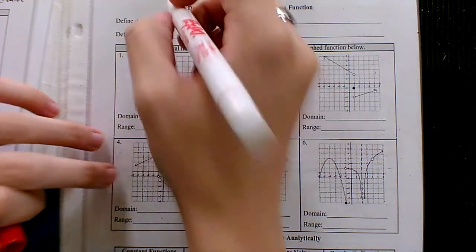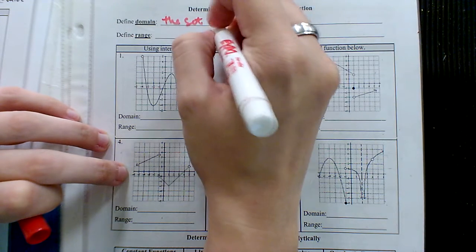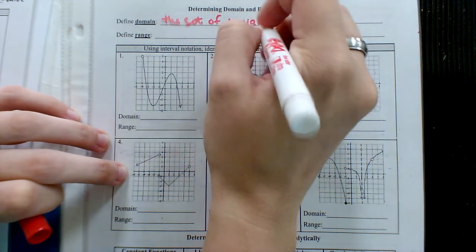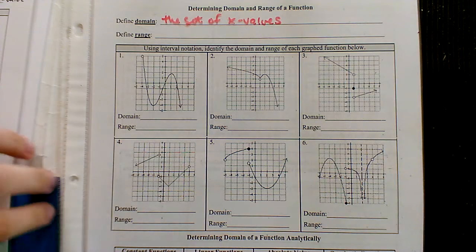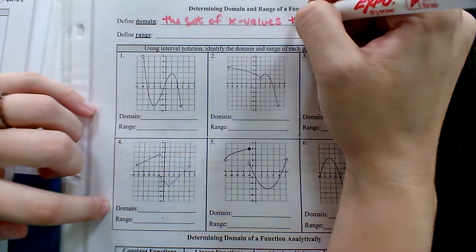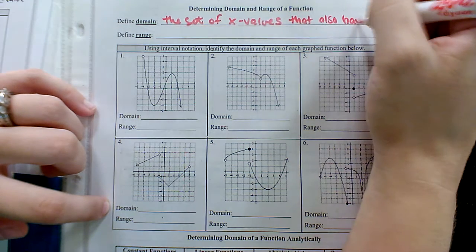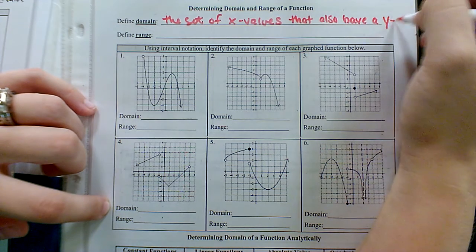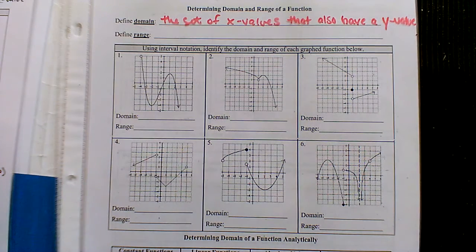The x values. Okay, so the domain is the set of x values. Like all x values that work. The set of x values specifically that also have a y value, meaning if you were to plug an x into an equation, you would get a y value or number out.